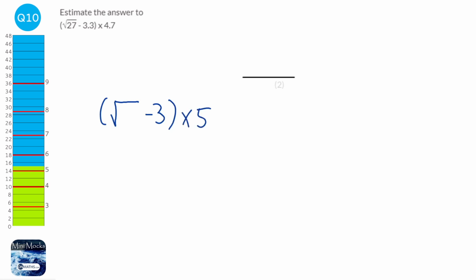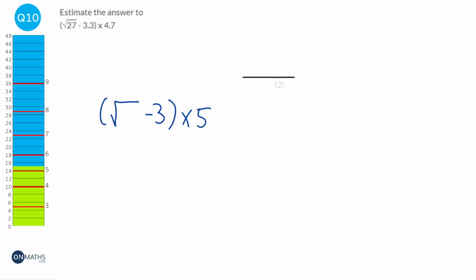Now, the problem with this 27 is that square rooting 27 is difficult, especially without a calculator, and estimating should be done without a calculator. But if I round it to one significant figure, that will make it 30. Now 30 is no easier to work out. So square numbers are a bit of an exception.